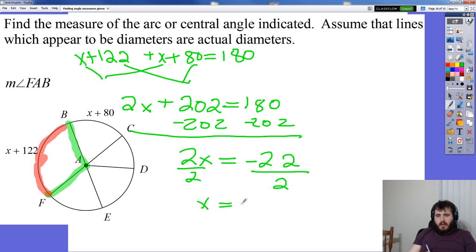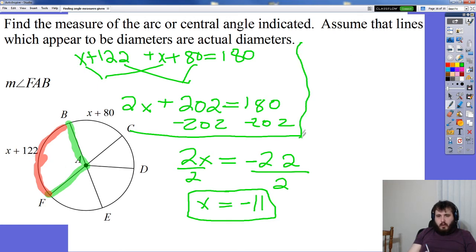How am I going to do negative 11? My answers can't be negative. Can't have a negative arc. No, you can't have a negative arc, but is x the arc? No. The arc isn't negative 11, right? The arc is x plus 122. Negative 11 plus 122.